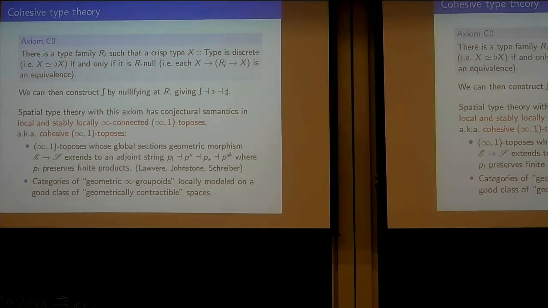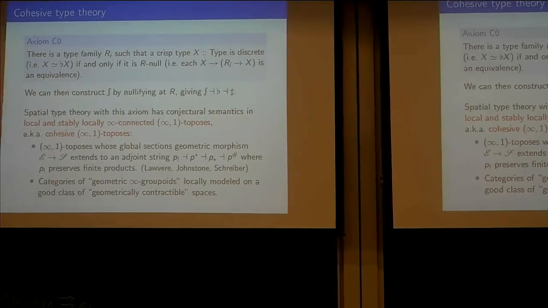I say this is conjectural mainly because we don't know how to build the algebraic model of the type theory in this case, like the category with families or whatever that corresponds to the model, actually making this precise. But as I said, this is the idea of what we get by modeling geometrically contractible spaces.